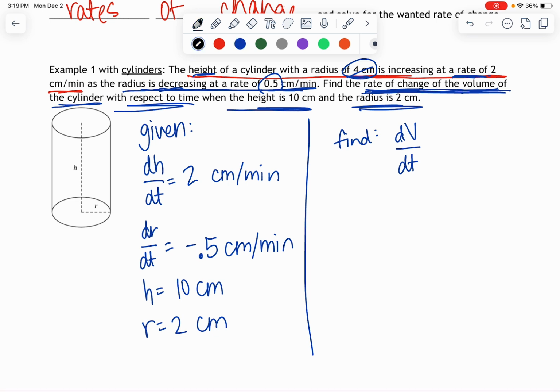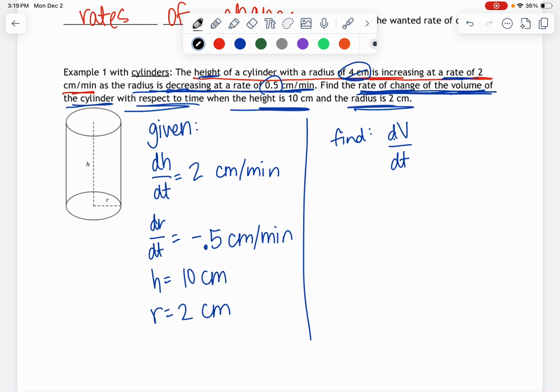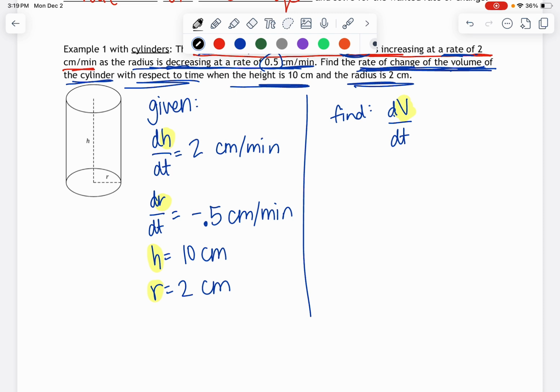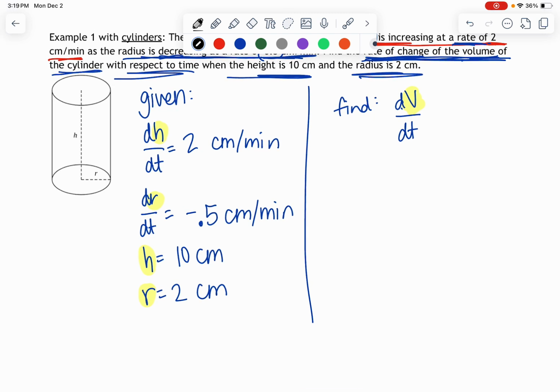So the first thing with these, you figure out what you're given, what you need to find. Second, you need to write an equation, and the equation has to have H's and R's and V's because those are all the letters that we were presented with. So H, height, R, radius, and V need to be in there, because those are all the things we know and need to find. We could write any formula that has these letters in it. Because it's talking about volume, the easiest formula is going to be volume of a cylinder.